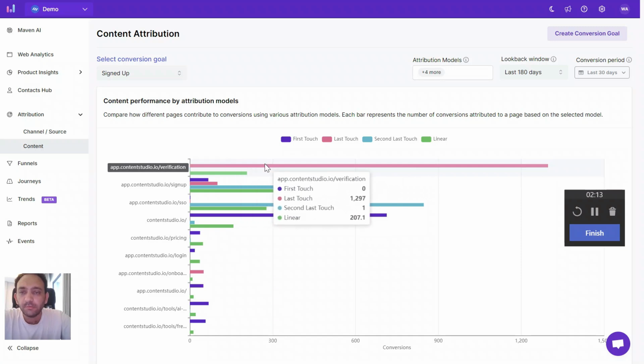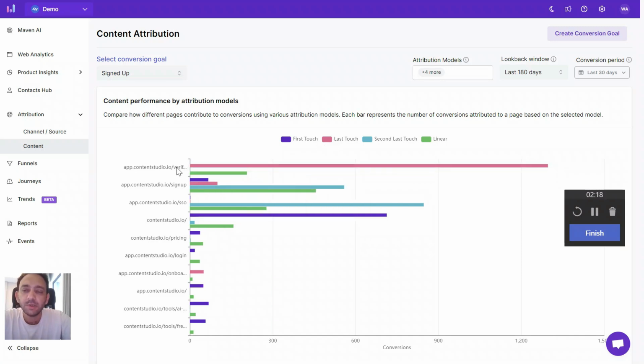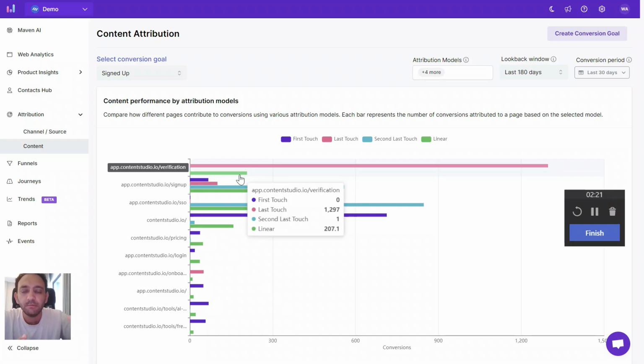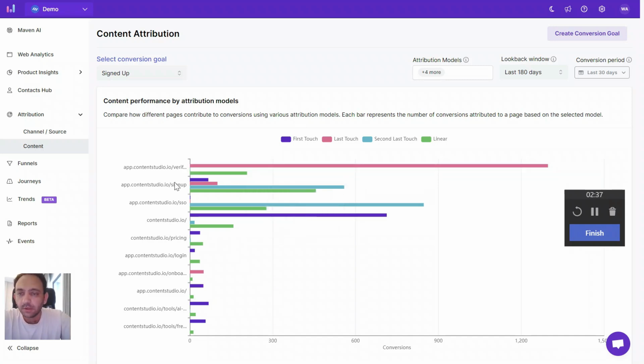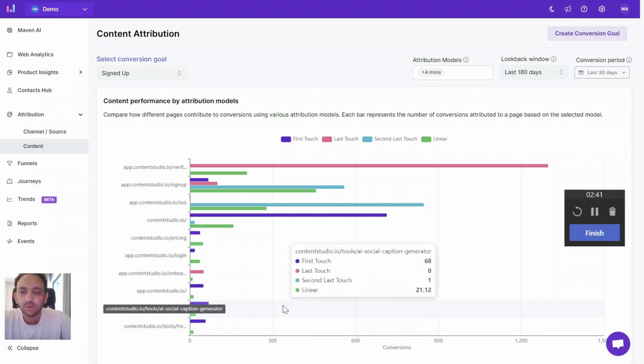A lot of people visit this as a last touch because this is the last page they have to visit before the sign up event is sent. The linear attribution gives equal weightage to all of the pages people have visited during their conversion journey. These are all the pages people have visited before conversion with different attribution models.